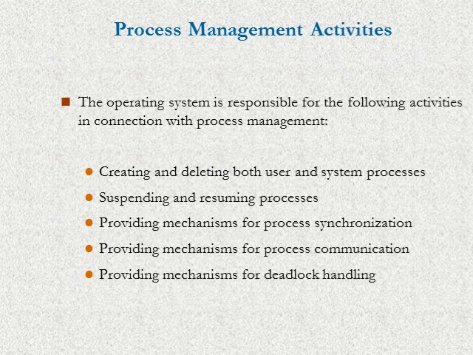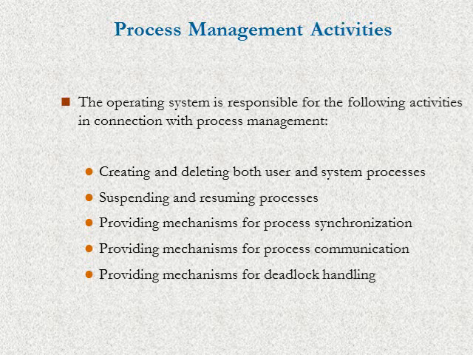Usually when a process is running in the system, there are multiple things associated with it. Usually we have a module in the operating system that manages all the process related activities.